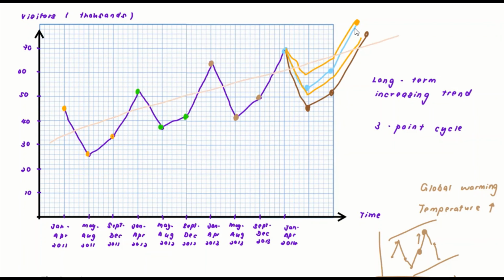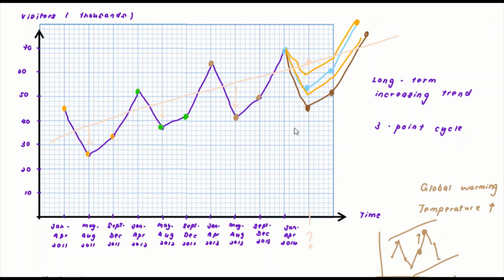But then you can imagine that if I were to predict the number of visitors that happen here, I wouldn't actually predict here, because I know that for May to August, for this season, it is normally going to be lower than my average, if you realize that, right?